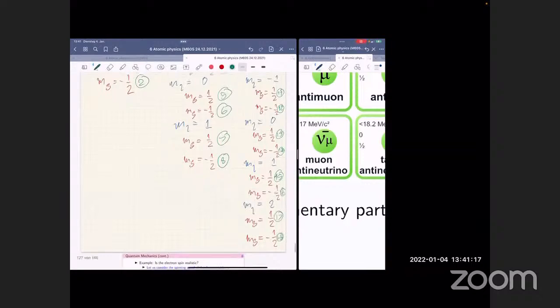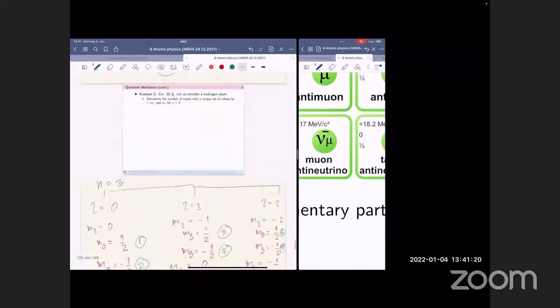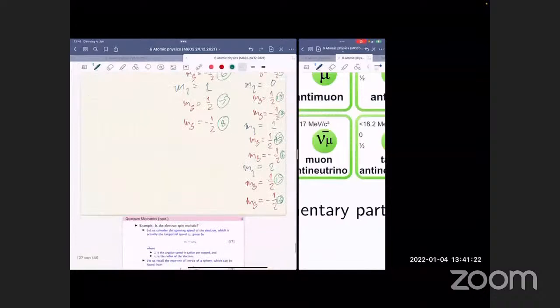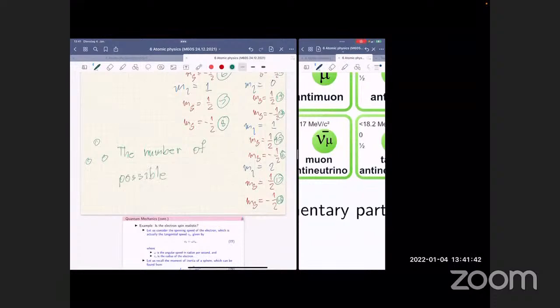Okay, so therefore the number of possible states is, what is that?